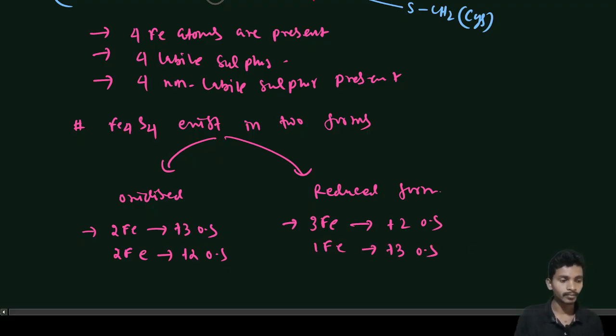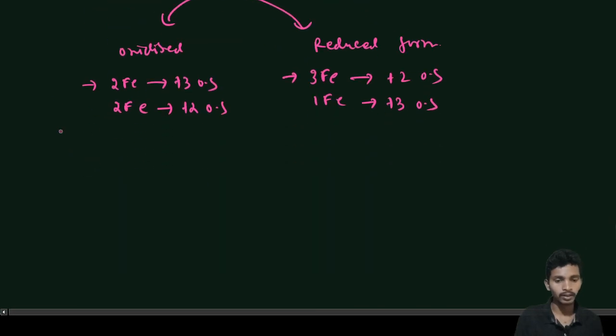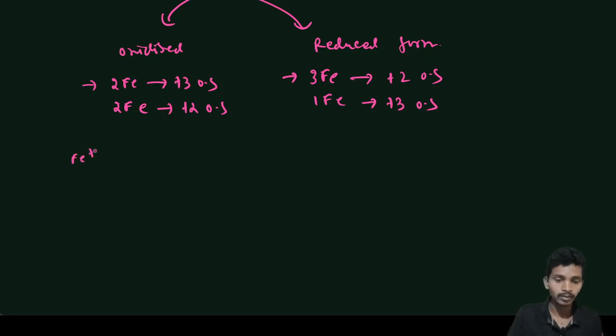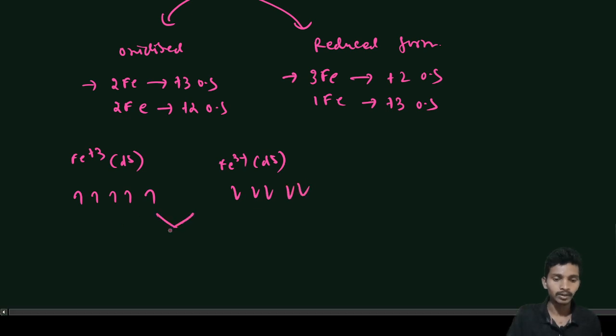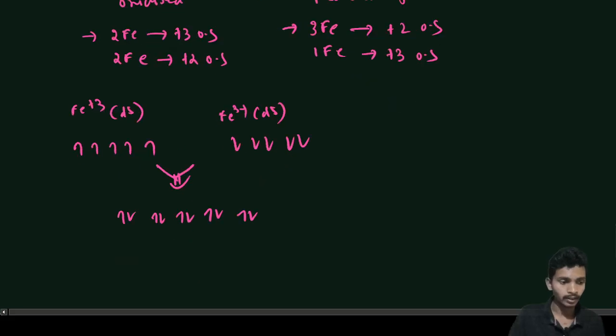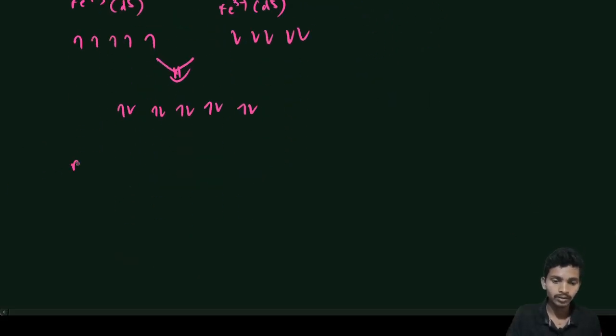Okay, if I do the electron count, 2 Fe in +3 oxidation states means Fe3+, and this is d5, and Fe3+, this is again d5. Then you see 1 2 3 4 5, 1 2 3 4 5. So if you do paramagnetic coupling, then all will be coupled. Okay, and the other Fe in +2 oxidation state, Fe2+, that is d6, and then Fe2+, that is d6.